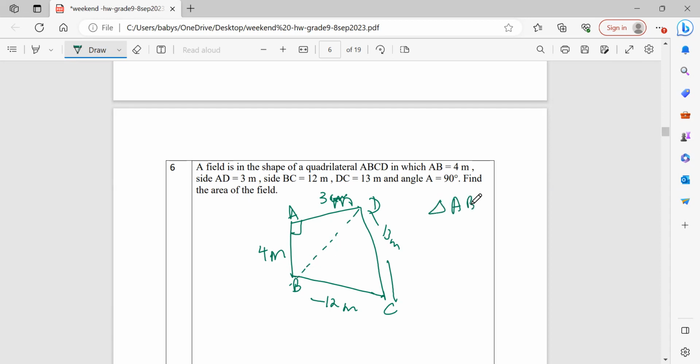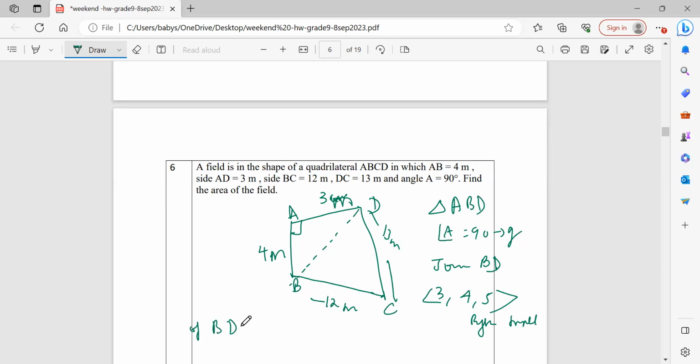Triangle ABD, angle A is 90, that is, of course, given. Join BD. It's a right angle triangle. We can say 3, 4, 5. They form a Pythagorean triplet, so BD will be equal to 5 meters.